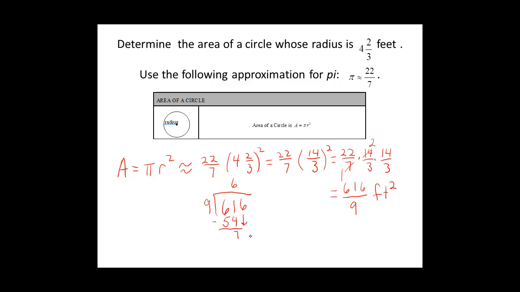We'll bring down the 6. 9 divides 76 8 times. 8 times 9 is 72. We will subtract and get 4. 4 is our numerator, and 9 is our denominator. So this answer as a mixed number is 68 4/9 feet squared.